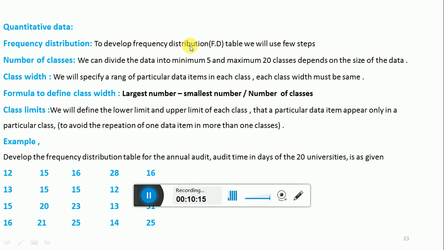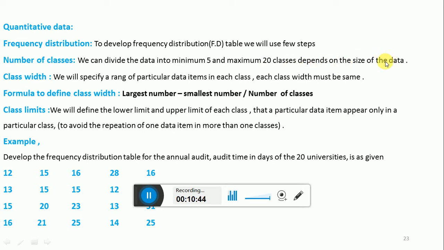To develop a frequency distribution table, a statistician will use a few steps. In the very first step, the statistician has to define the number of classes for the entire data set. It means the statistician will divide the entire data set into a number of classes. A statistician can divide the data into a minimum of 5 classes and a maximum of 20 classes, depending on the size of the data set.